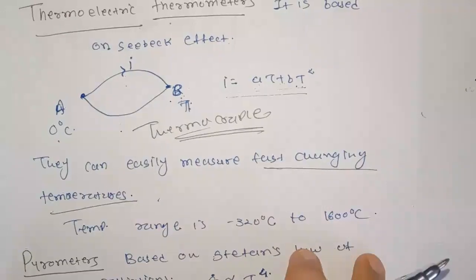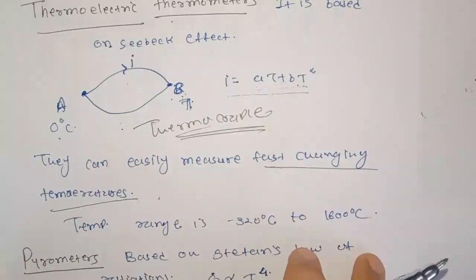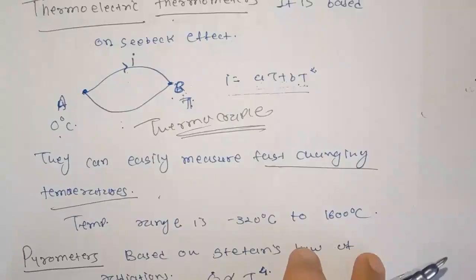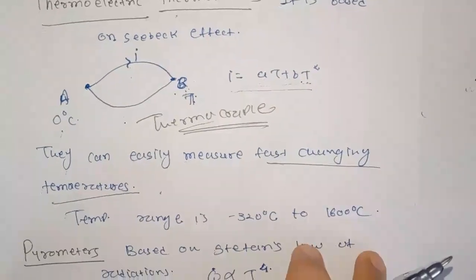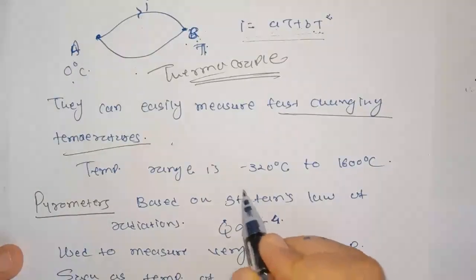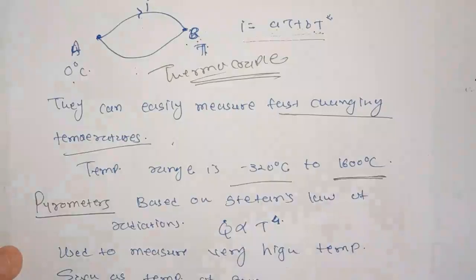Different parts of our body have different temperatures and it can easily make temperature diagrams of our body to be shown on a computer. The range of this kind of thermometer is from minus 320 degrees Celsius to 1600 degrees Celsius.